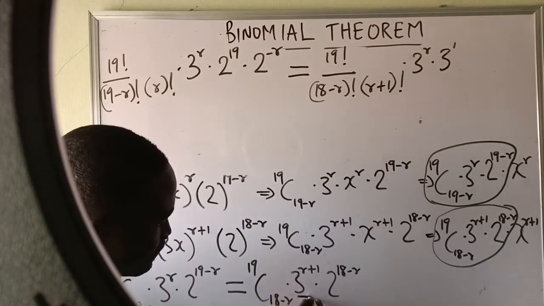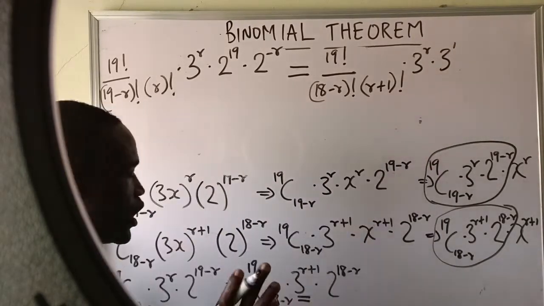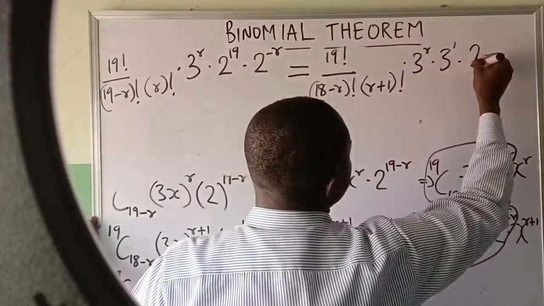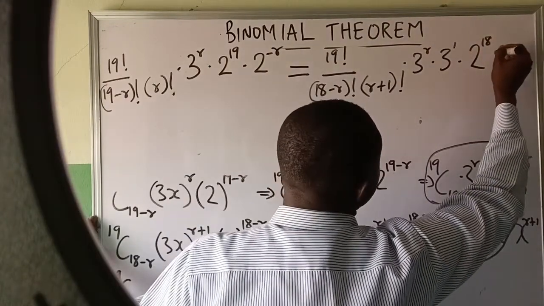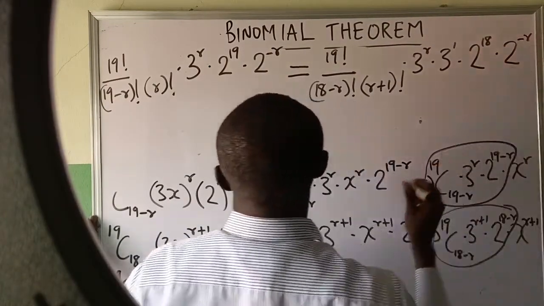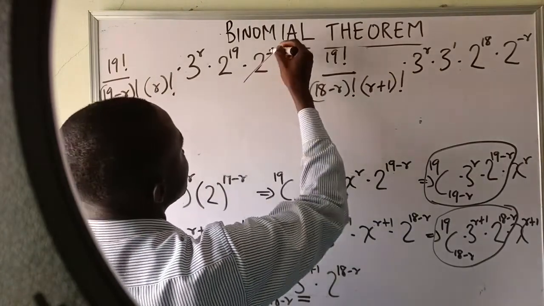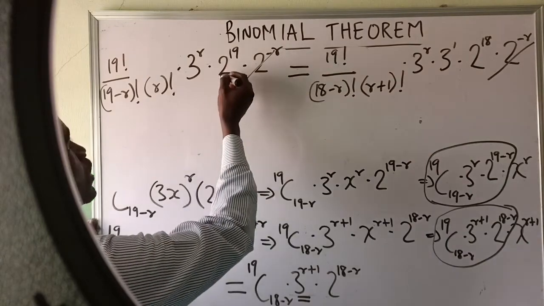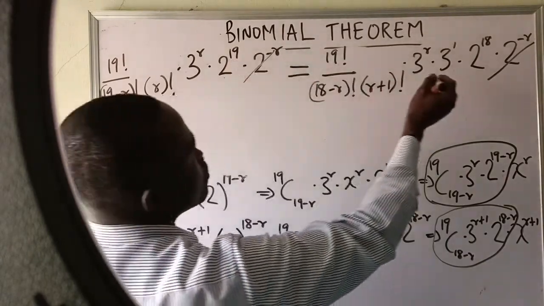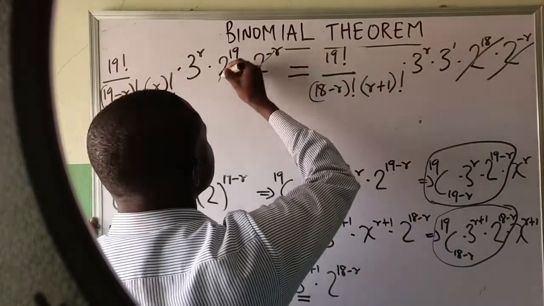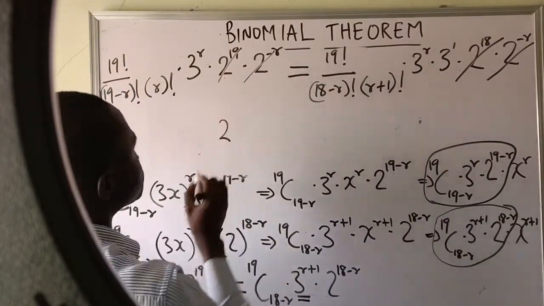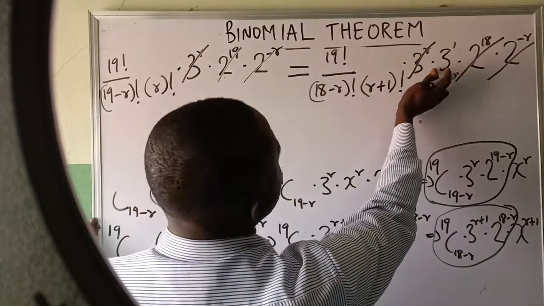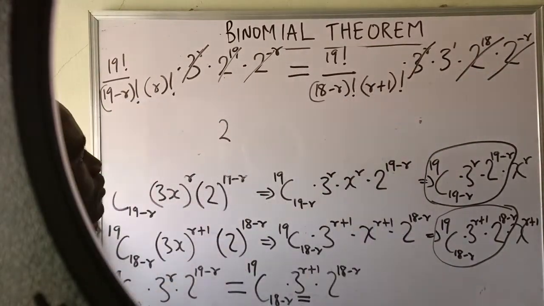We have split this using the law of indices, that is the multiplication law. Times 2 raised to the power of 18 times 2 raised to the power of minus r. So what we do is we say this cancels this. Now this 2 raised to the power 19 and this 2 raised to the power 18, this will cancel, leaving you with 2. Then this will cancel this. This will remain 3.